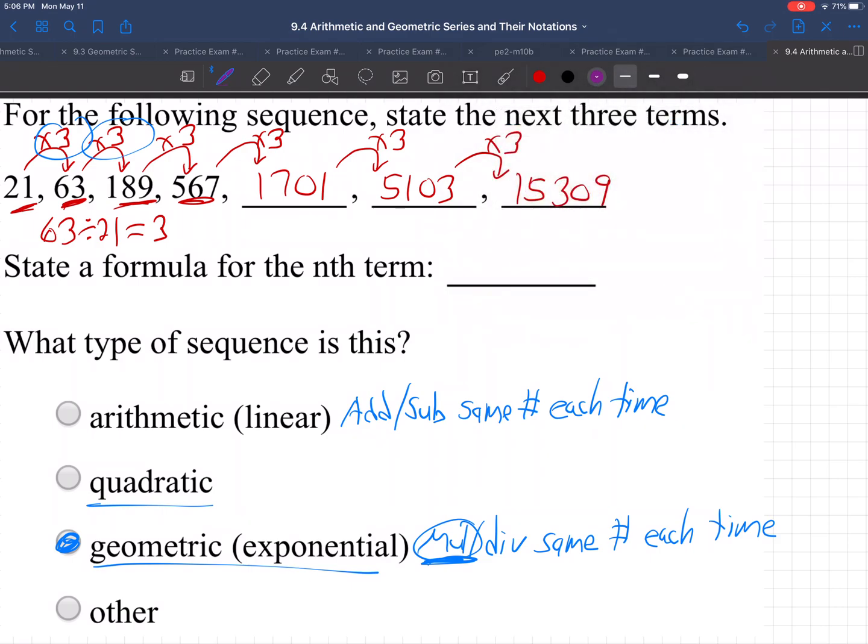So what's the geometric formula? The geometric formula, bring it up here, maybe I should give it a little more room up here.